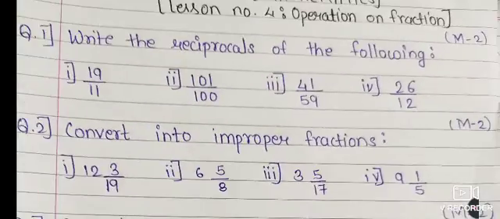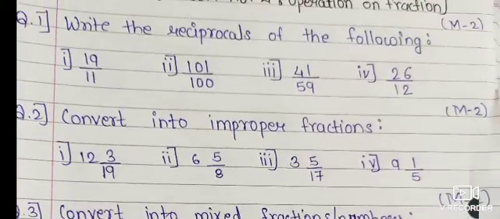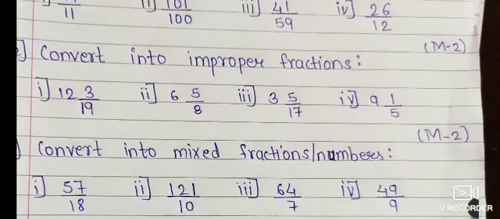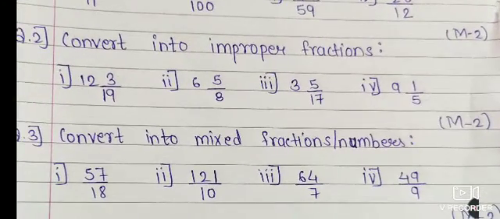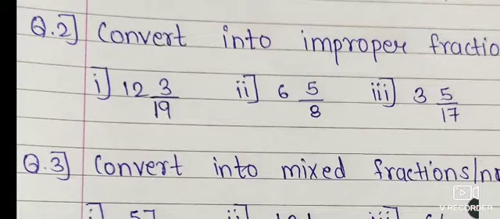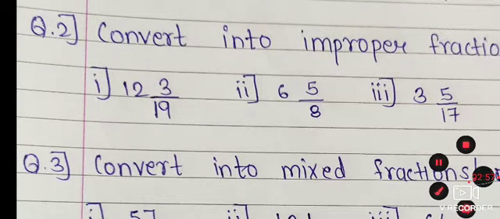Now we have to convert into improper fractions. For that, the first question is 12 integer 3 upon 19. So how to solve this question, 12 integer 3 upon 19?